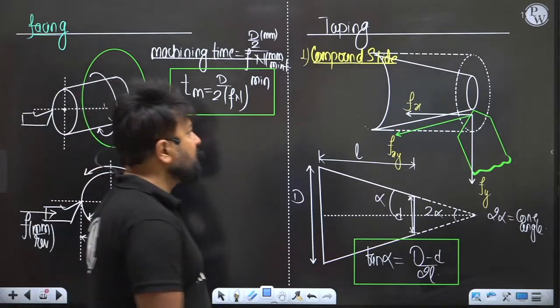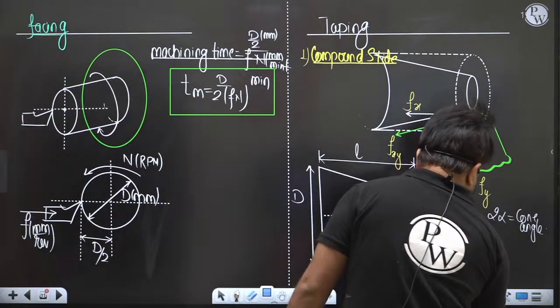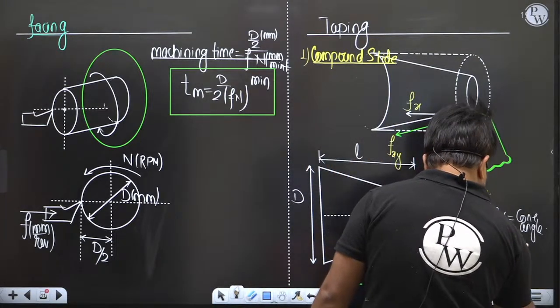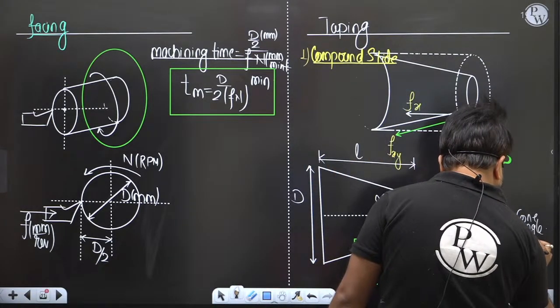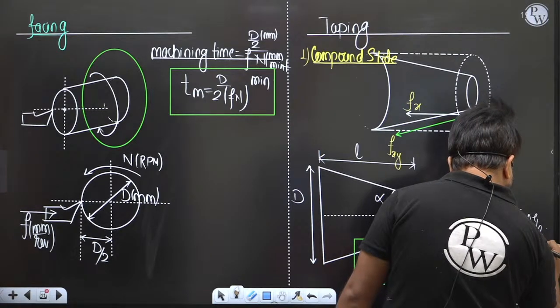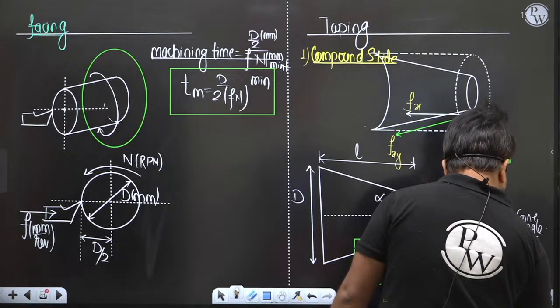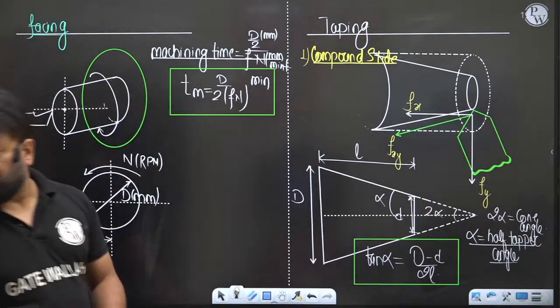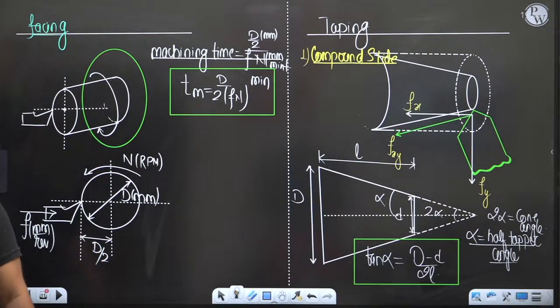Here alpha is the half taper angle, my dear. So I hope this point is crystal clear.